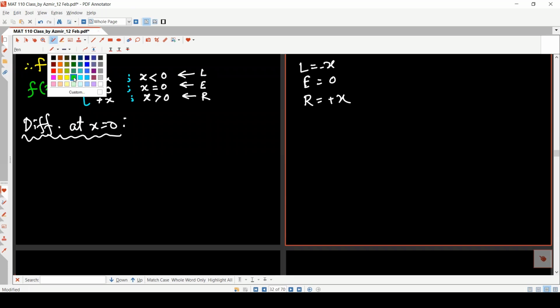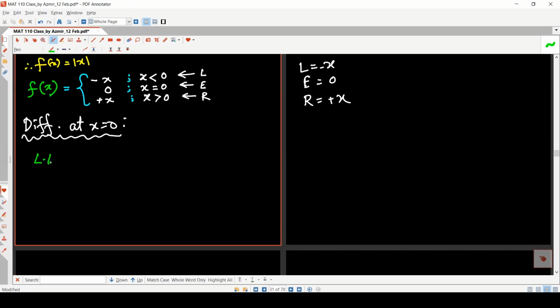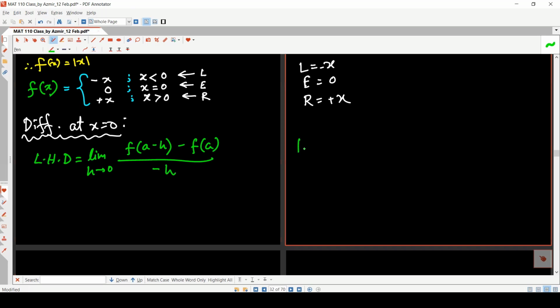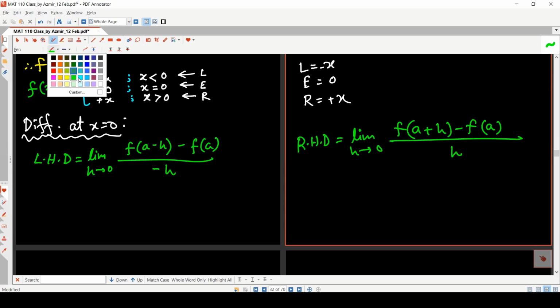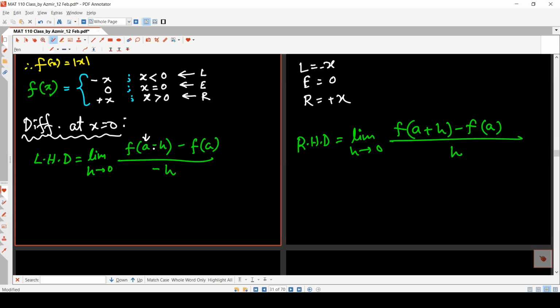So left hand derivative equals limit h tends to 0, you know that, function of a minus h minus function of a divided by minus h. Right hand derivative equals limit h tends to 0, function of a plus h minus function of a divided by plus h. Now we have to input the value of a.